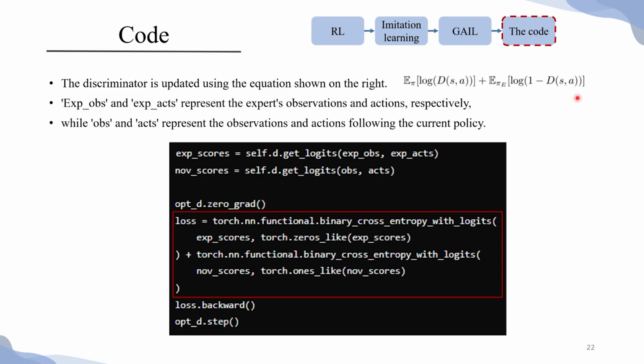The exp obs and exp act are the expert observation and action, respectively. OBS and ACT are the current observation and actions that follow the policy.